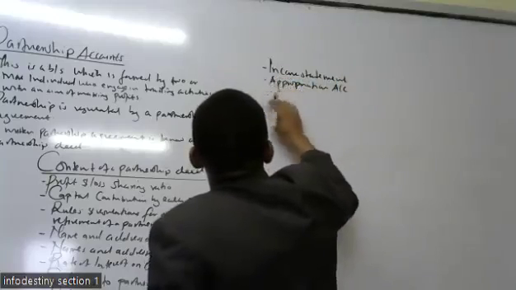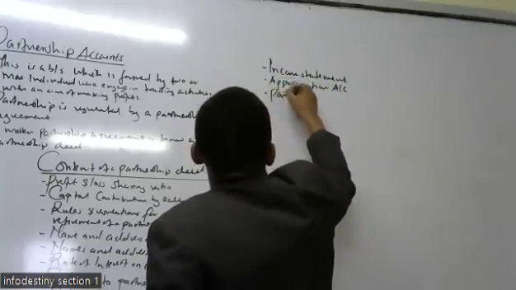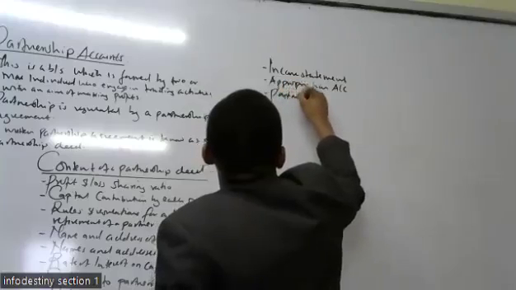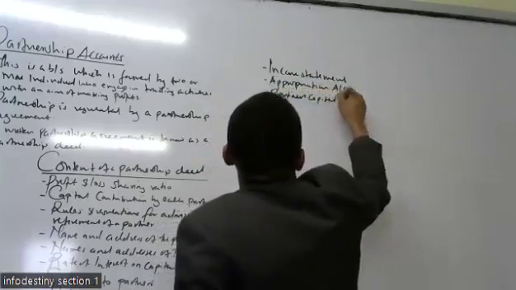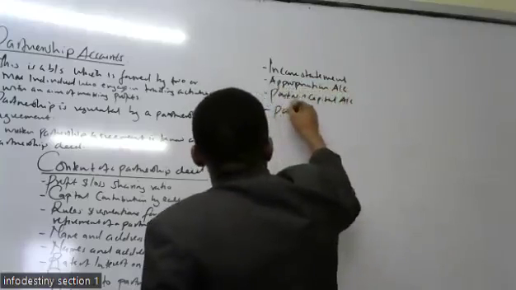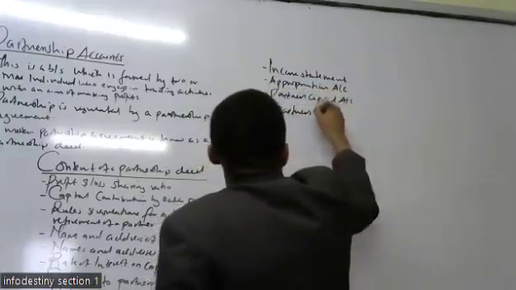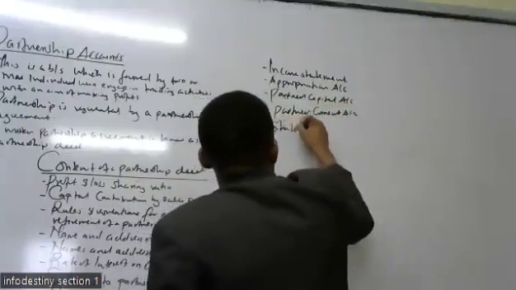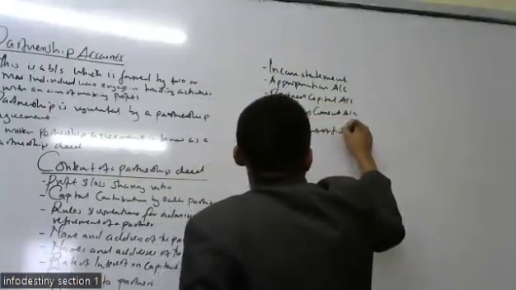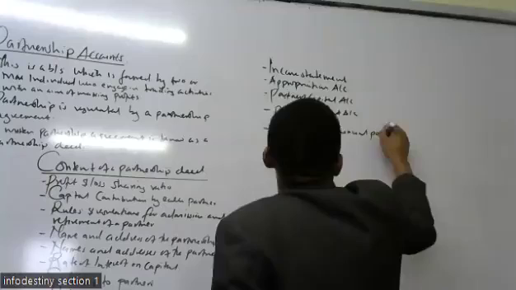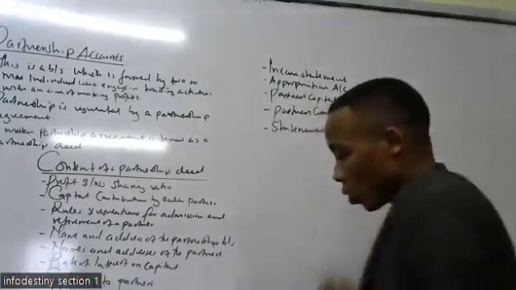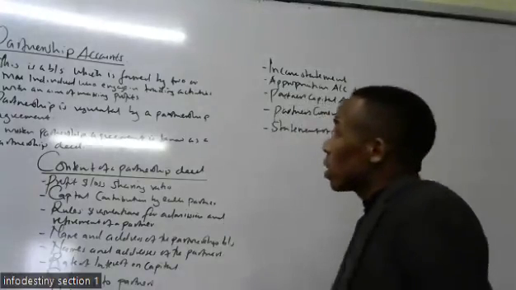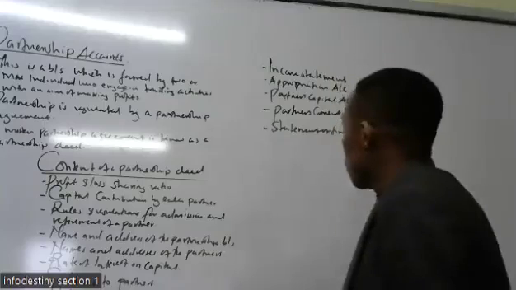Another account which a partnership business is supposed to prepare is the partners' capital account, and also the partners' current account, and the final one is the statement of financial position. So these are the statements and accounts that a partnership business is required to prepare.